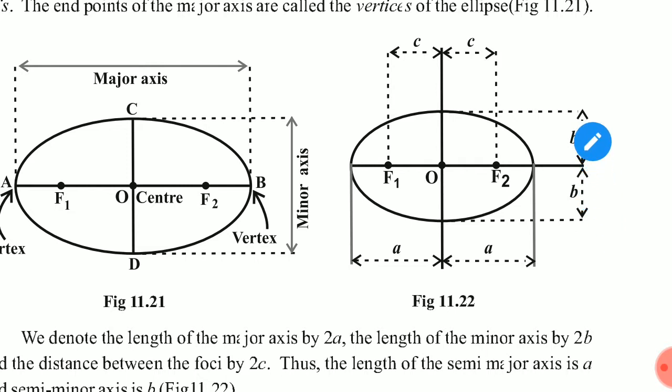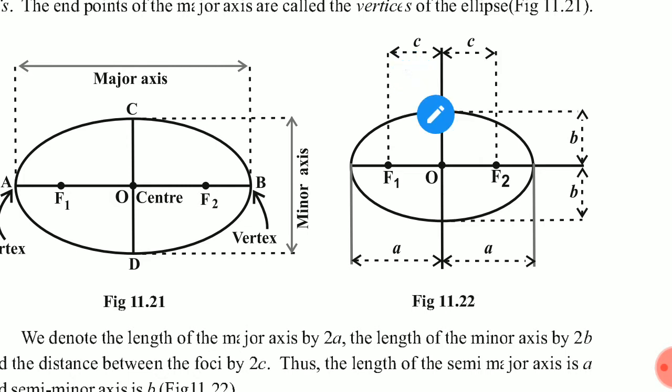So these are the lengths of the major axis and minor axis. Major axis equals 2a and minor axis equals 2b. Also the distance of both foci: OF1 equals c and the same distance OF2 also equals c. So this point is at c from the origin.